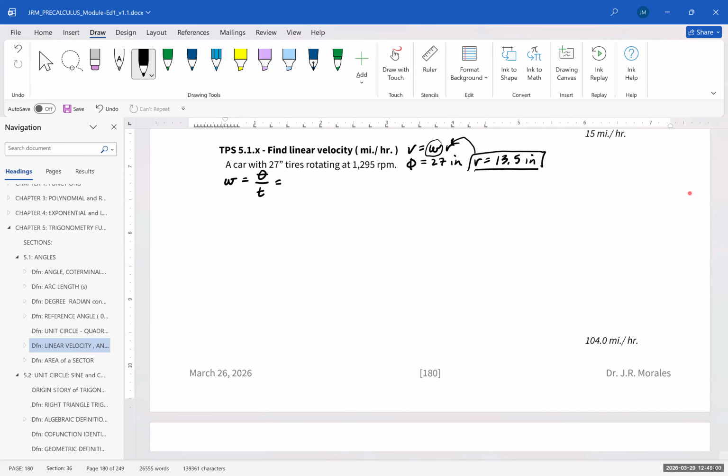And we know that we covered 1,295 rotations per minute. Okay, and we know that we can cover 2 pi radians in one rotation.